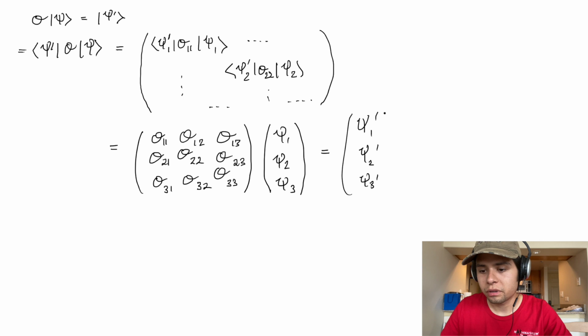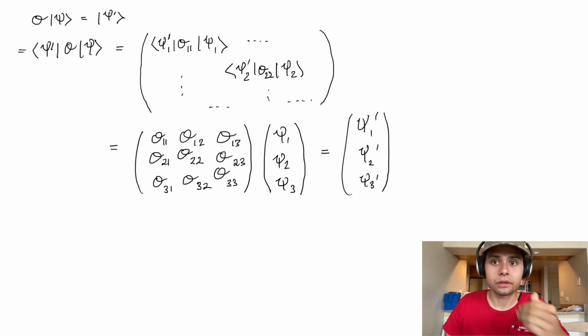But we have all these primes on there because those are the translated components. And so we could think of an operator as like a matrix, and a matrix is like a function, right?